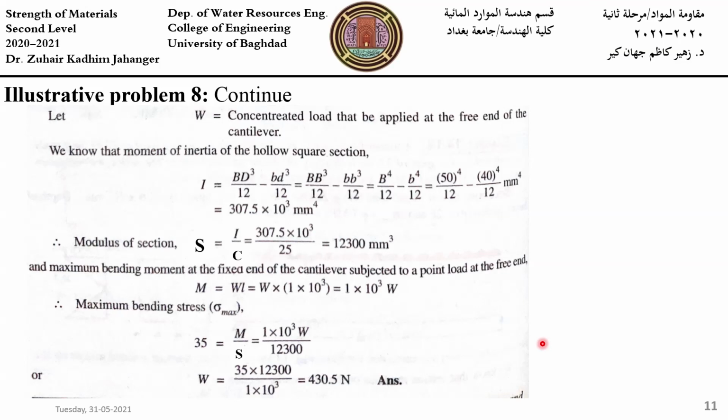Let W capital equal the concentrated load applied at the free end of the cantilever. We know that the moment of inertia of the hollow square section I equals B capital D capital cubed over 12 minus b small d small cubed over 12.